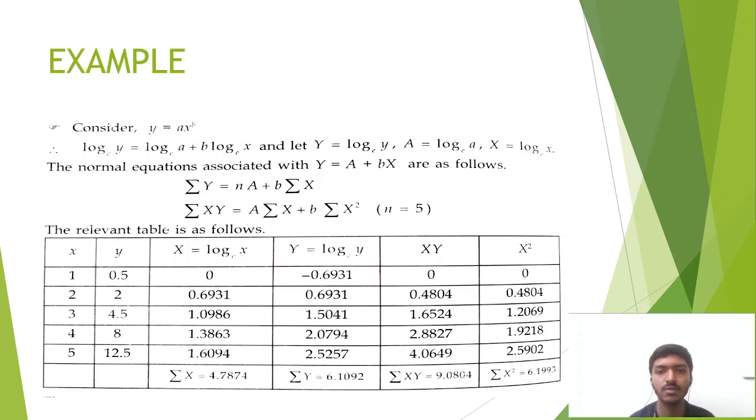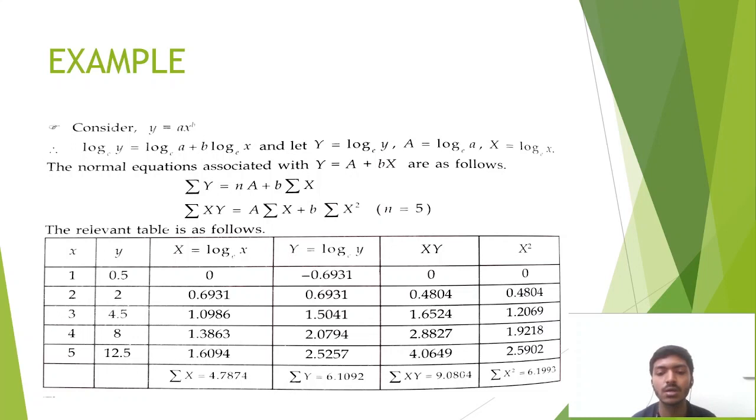Then we create the relevant table, which you can see here. X and y values are already given in the question. Then capital X, which is equal to log of x to the base e. For that we have substituted the values of x, 1, 2, 3, 4, 5, and we get the values of log of x to the base e as 0, 0.6931, 1.0986, 1.3863, 1.6094 respectively.